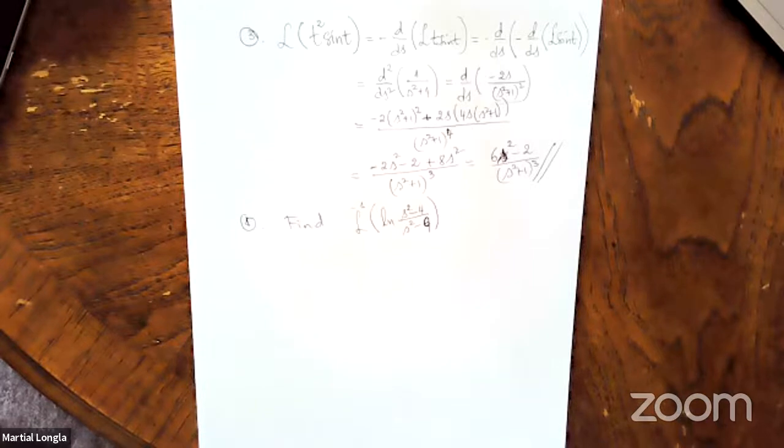Because first of all, you see natural logs. Why do you have natural logs there? No idea, right? And there is none of the functions that we have used that involves natural log. So to get rid of this, you must think of using the derivatives of Laplace transforms.